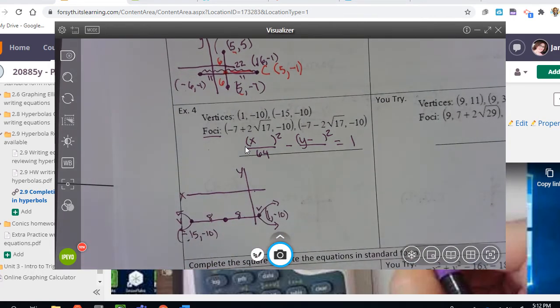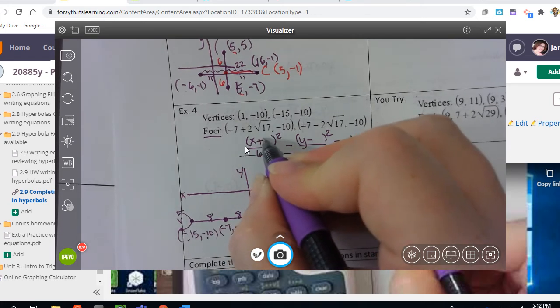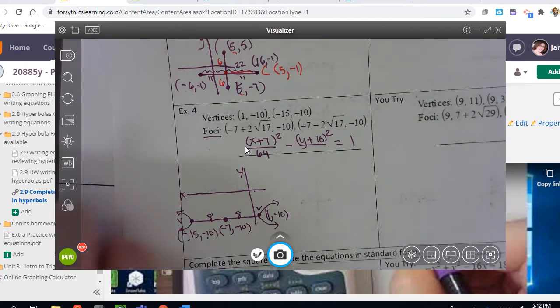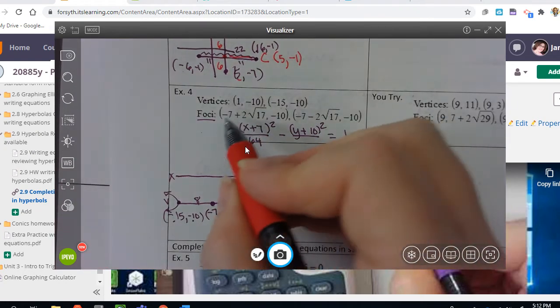So once I have that, I can also find the center. 8 down from 1 is negative 7, and it's at the y value of negative 10. So that means I can go ahead now and fill in plus 7 and plus 10, and I've at least got that filled in. The only thing I have left to do is to figure out what in the world's going on with this foci business.